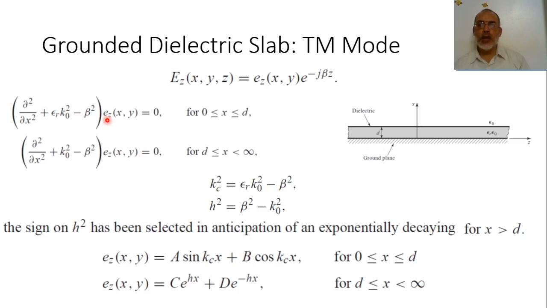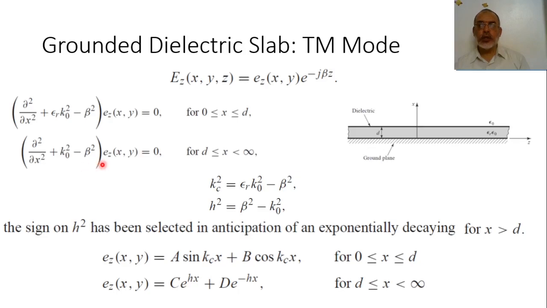But for the case of partial x squared minus h squared, the solution would be either e to the power hx or e to the power minus hx, such that if we differentiate twice, it gives h squared e to the power hx. So h squared minus h squared would be 0. As I said, k naught squared minus beta squared is minus h squared.